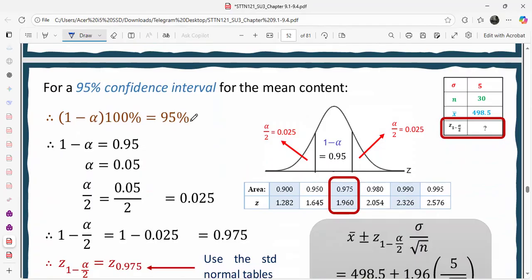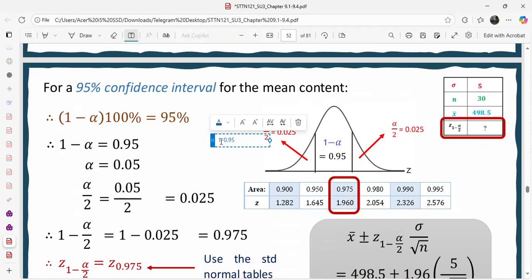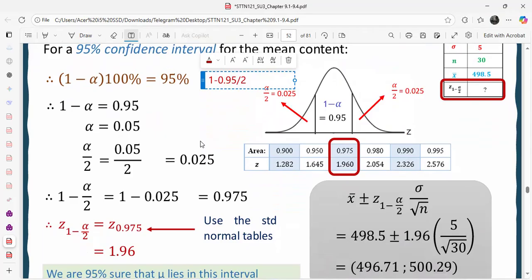for the alpha. The method I used to use now, I used to say something like this. I used to say 1 minus 0.95, that is 95%, and then divide by 2. So it was going to be 1 minus 0.95 divided by 2, which you will get what? Now let's check, 1 minus 0.95 on my calculator, and then divided by 2.